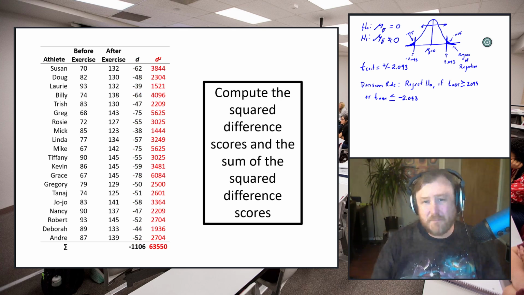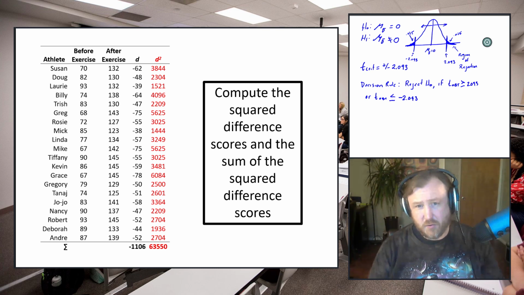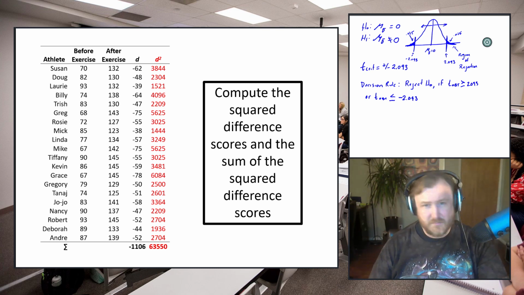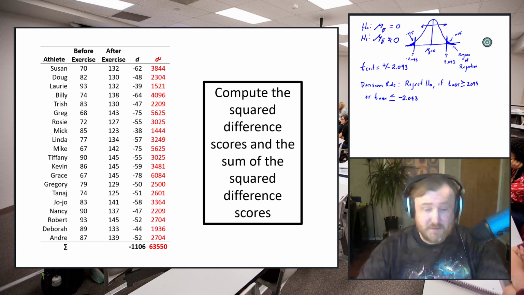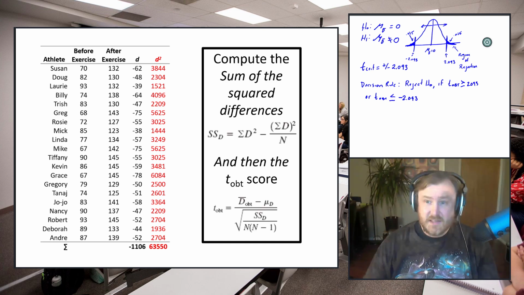And then the next step is we're going to create a squared difference score for each participant and then compute the sum of the squared difference scores. So this is sum of squares. The only difference is we're doing it using difference scores. So after this, we need to compute our t obtained value.